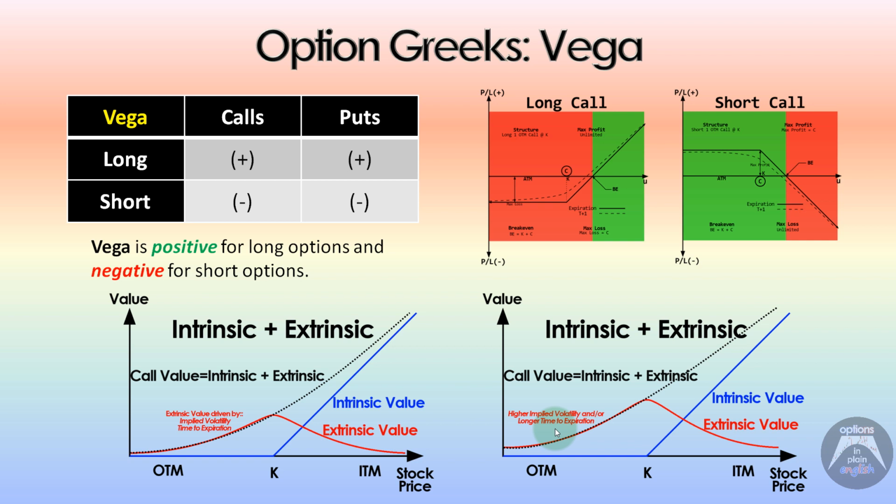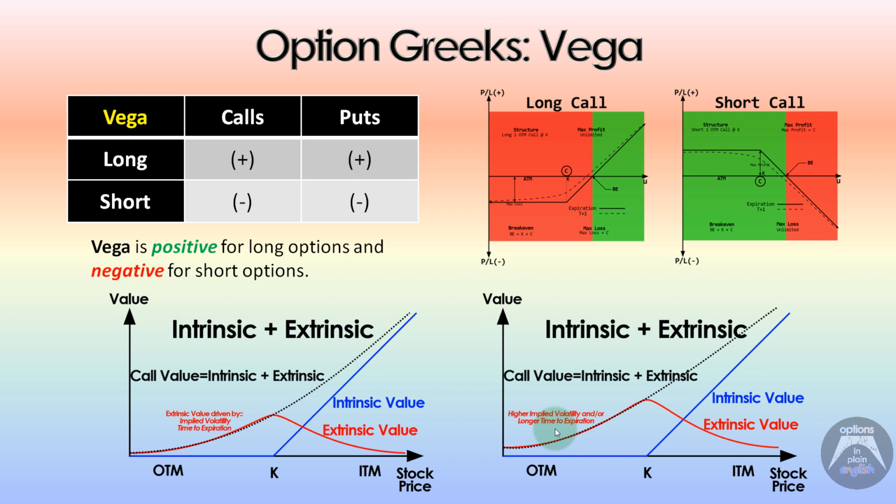You want to short options that have high implied volatility, and when you think that they might over time go down, because if the price goes lower, and you want to buy it back lower than you sold it at, you're going to benefit from an eventual reversion to the mean for that implied volatility.